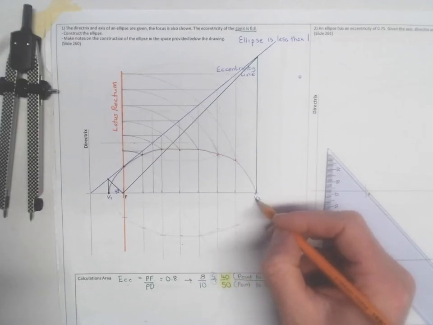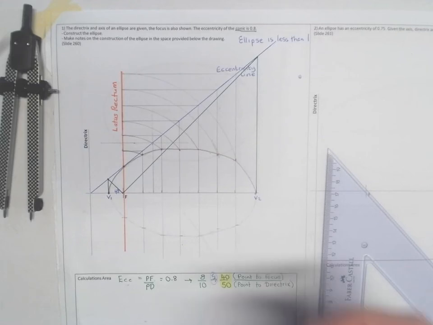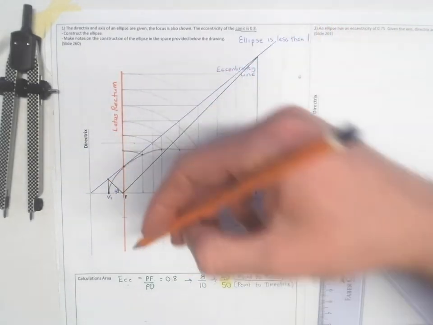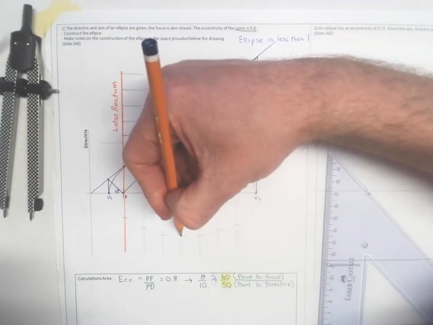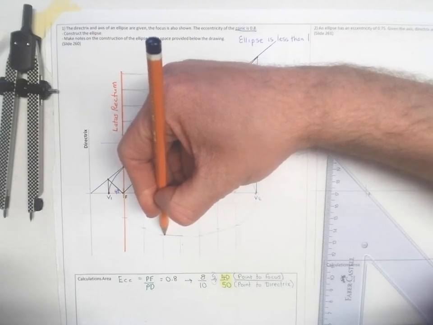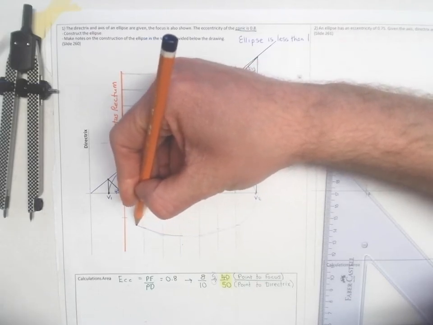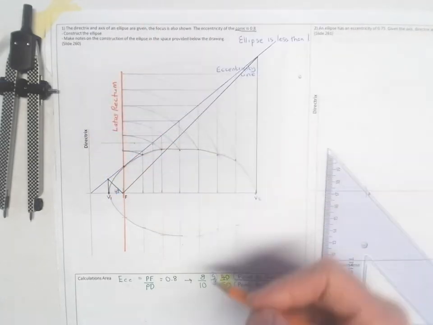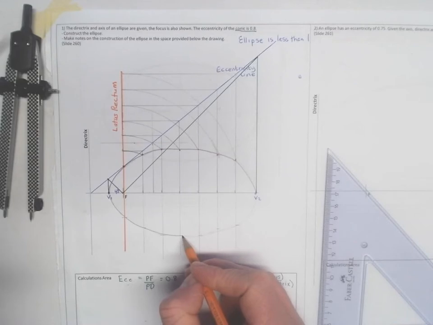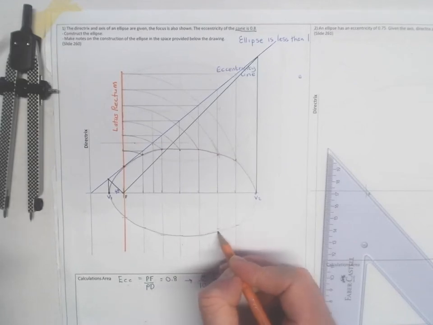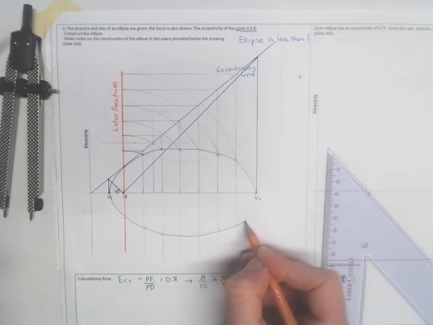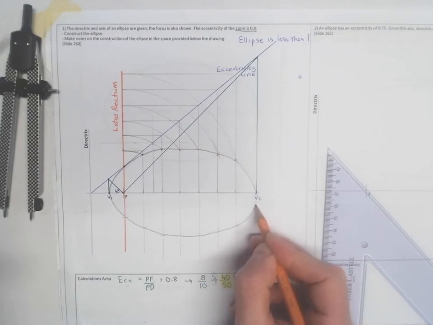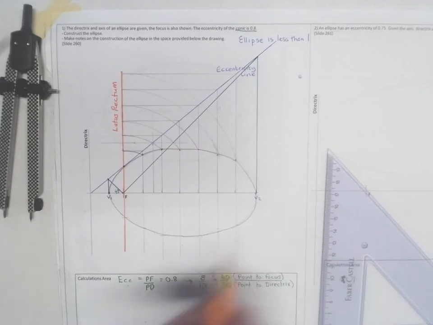So lightly join the dots, and then once you have a kind of a trail to follow, then you can heavy it in one continuous line. So that is something like our curve should be.